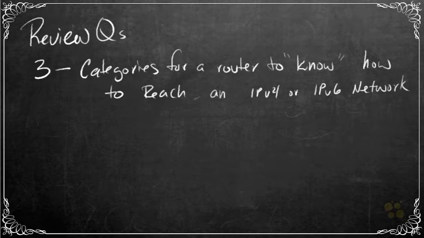The second option, the big category, is static routes. And there's several types of static routes that we've been discussing in these sets of videos. And then the third is dynamically learning. One method of dynamically learning routes is with a dynamic routing protocol, such as OSPF. Okay, next question. How do you train a router, whether it's running IPv4 or IPv6, to believe that it is directly connected to a given IP or IPv6 network?